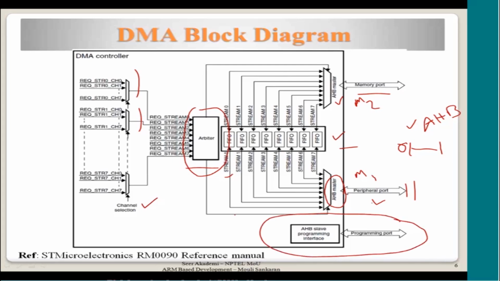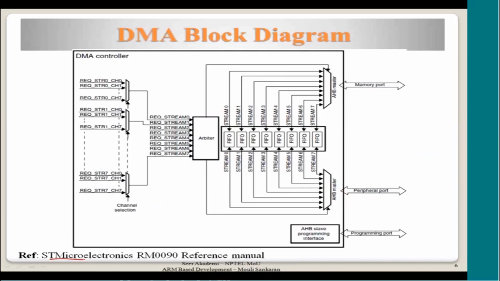When it gets programmed, it behaves like a slave. So some channels could already be programmed and the transaction is happening through the master port, and then another DMA channel gets programmed through the slave port. So all this can happen in parallel. I have taken this from the ST Microelectronics reference manual. This is one implementation of the DMA block on the ARM AHB bus.